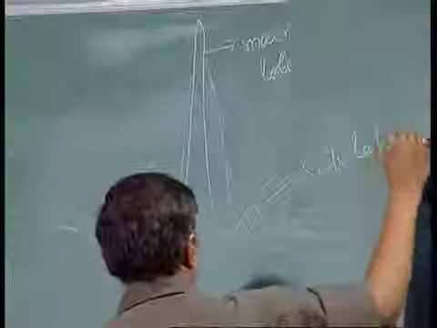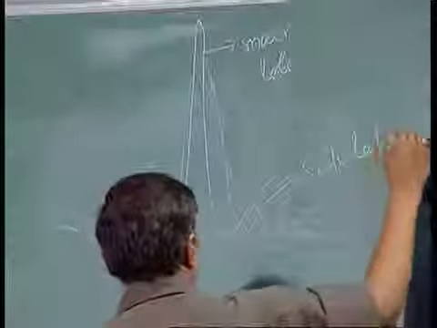Let me just come to this slide, maybe I will show you this. Look here, this is a linear array, 4 elements placed in a straight line. Each element is of length L. It may be a lambda by 2 antenna, a lambda by 4 antenna, or a lambda antenna.